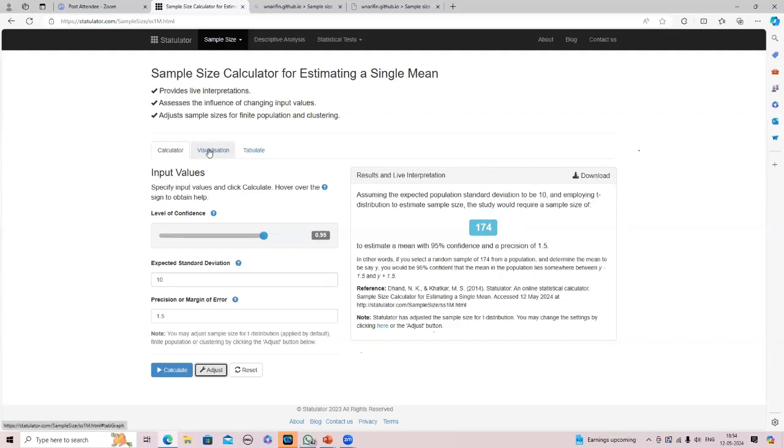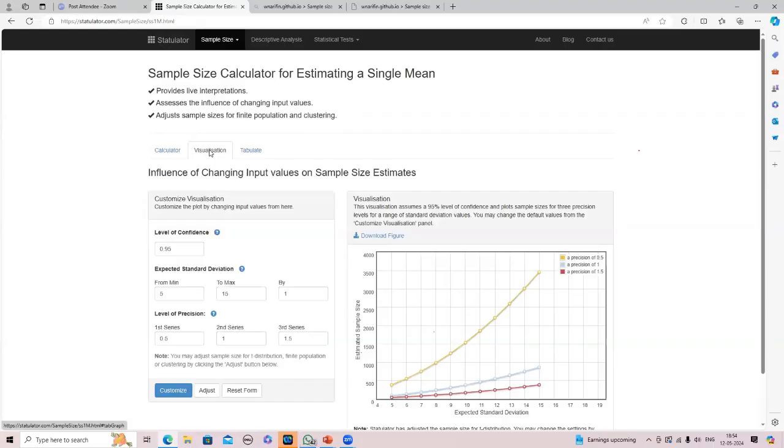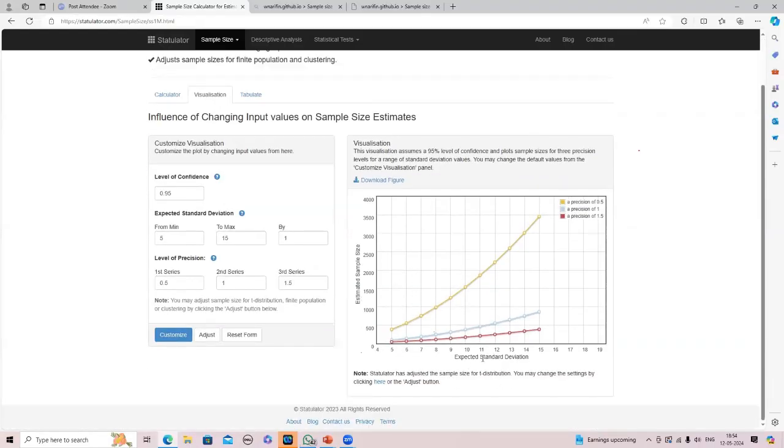Similarly, if you go to the visualization, then this graph will appear here. The expected standard deviation is this one. Based on the expected standard deviation and the precision, what are you taking for the precision? I will tell you, precision is the precision from the mean, a percentage of the mean. No, it is not a percentage of the standard deviation.